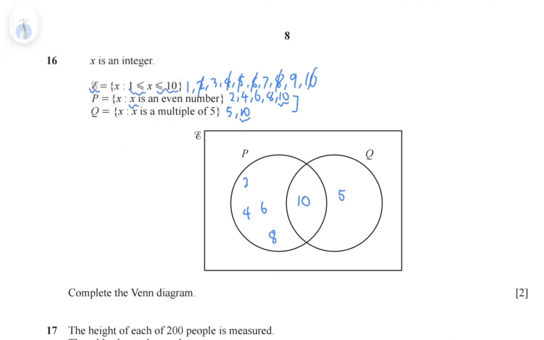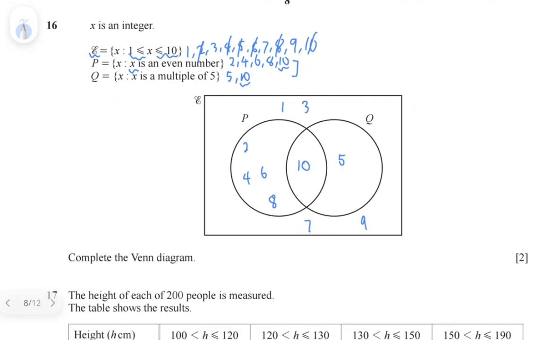So we will write that outside the 2 circles, as it is not part of either of those sets. So thus we've put all the numbers inside the sample space of E, and we have accordingly put them into their respective sets.